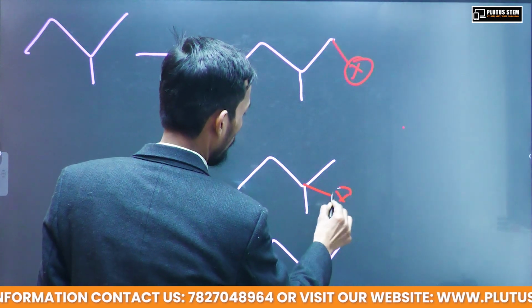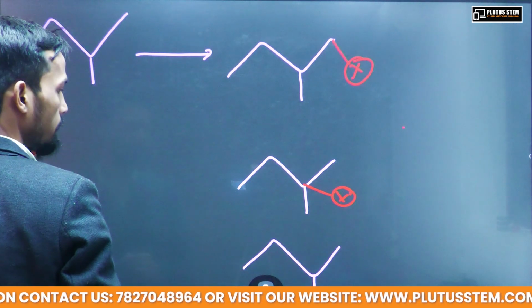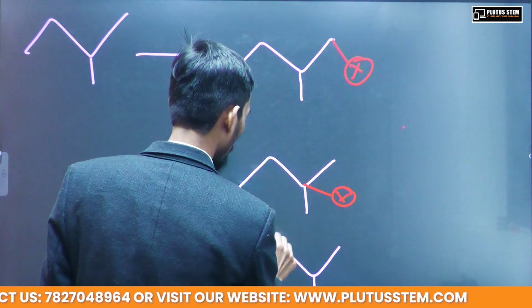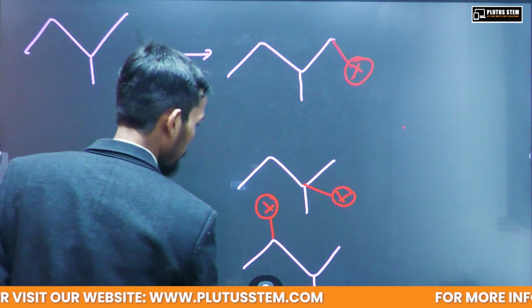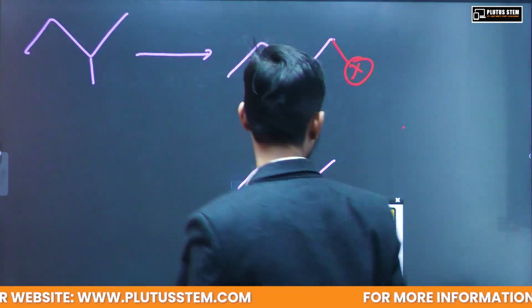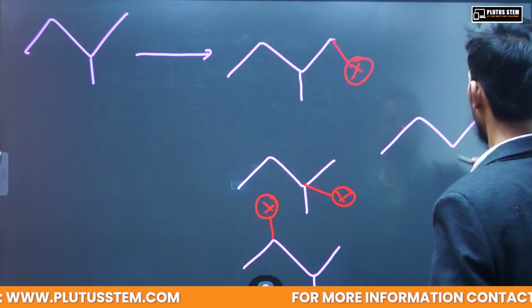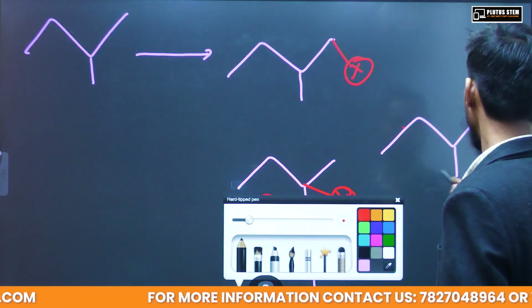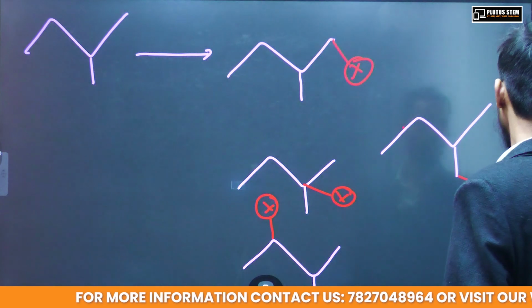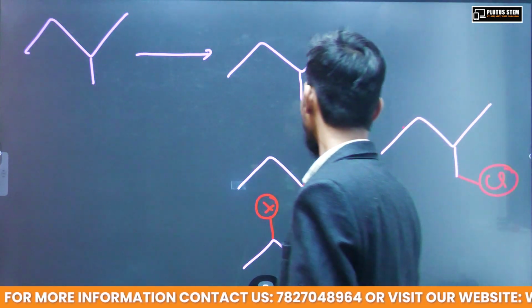Over here, we can have X on this side. Now we can also have X at this side. Yes or no? 3 isomers. We can have X at this side. 4 isomers.